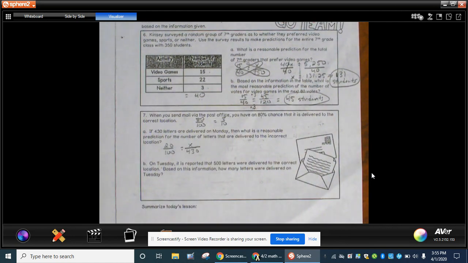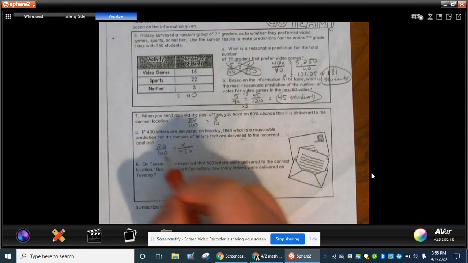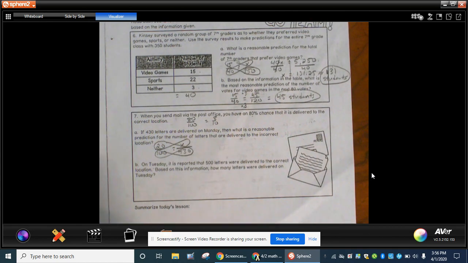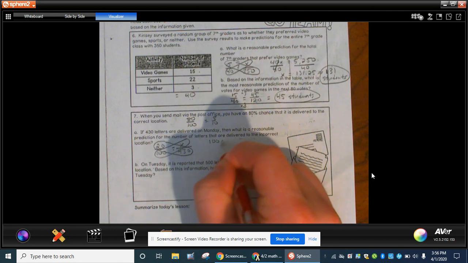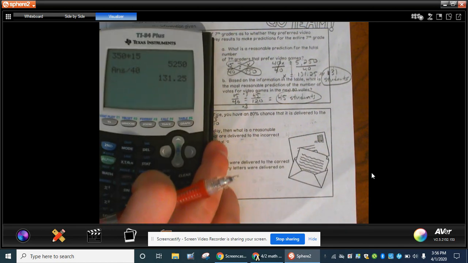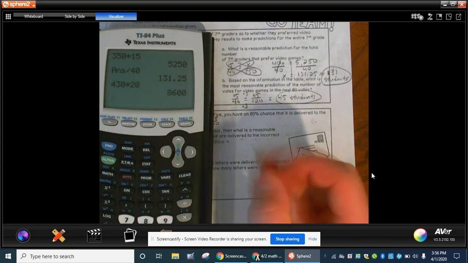Okay, so it's a lot like 6A up here. We're going to use the same method here, the butterfly method. So I'm going to butterfly, and when you butterfly, you must multiply. So we've got 100 times x, or 100x, is equal to 430 times 20. 430 times 20 is 8,600.